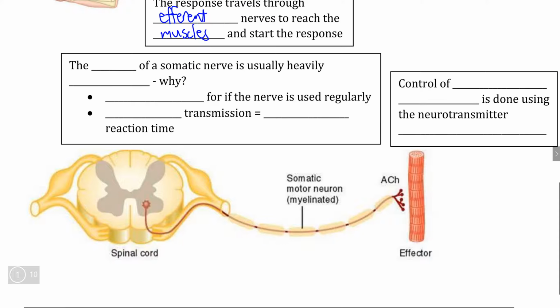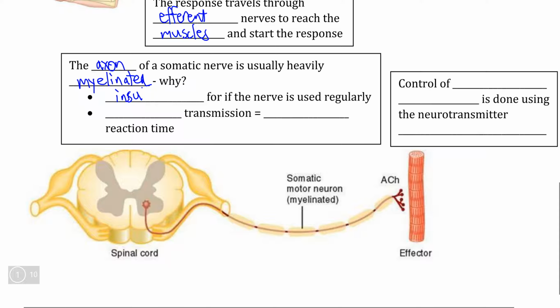Now, if we take a look at the motor neurons that regulate skeletal muscles, specifically if we look at the axon, we can see that usually motor neurons in the somatic nervous system are heavily myelinated, and this exists for 2 primary reasons, both of which related to the role of myelin itself.